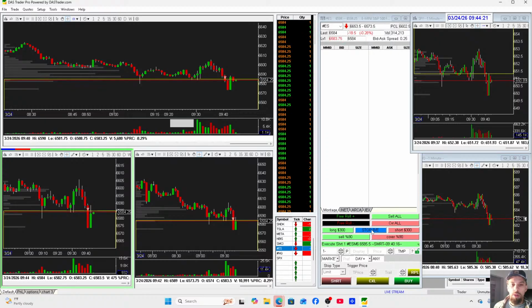Just watching the price action. Man, the leverage is crazy on this. I was up like 350 down here. If I had like five contracts, it'd be a lot. It'd be like 1,500. So, just watching the price action here, guys. Hoping to hold below this level.